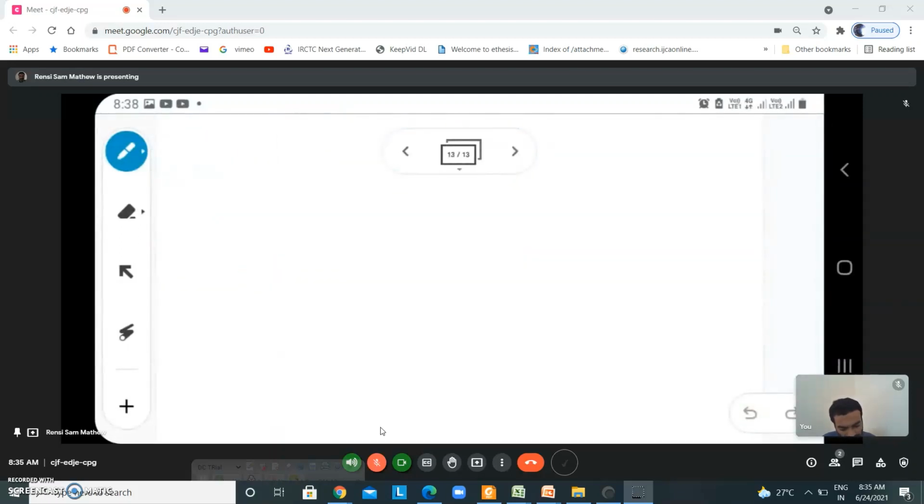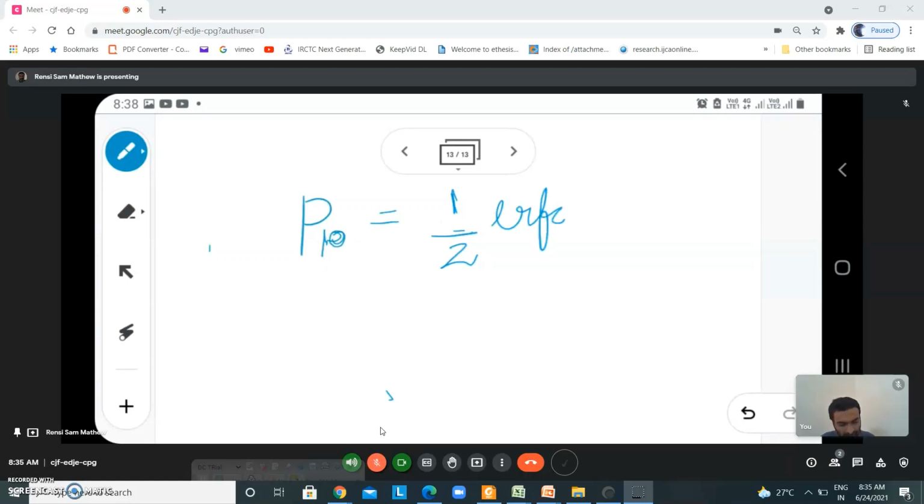So I can write P10 is equal to 1 by 2 times ERFC of square root of Eb by 2N0. So this is the probability of error when 1 is received when 0 is transmitted.